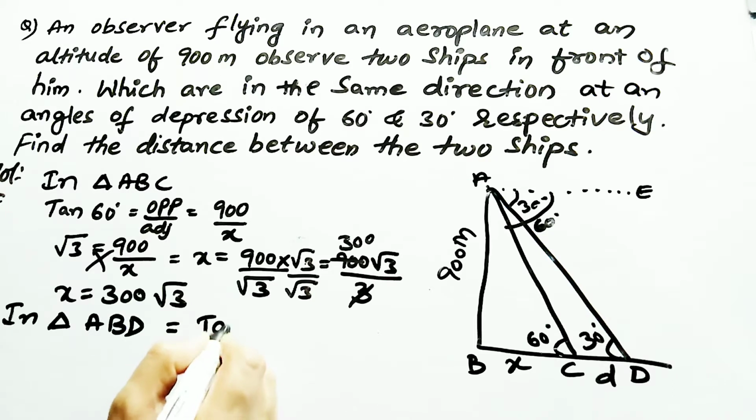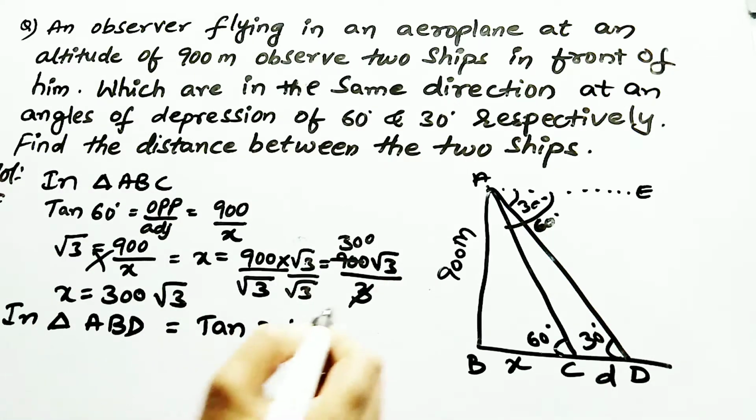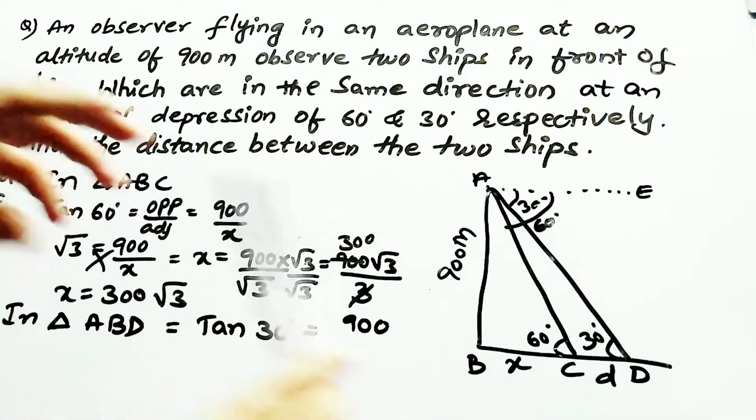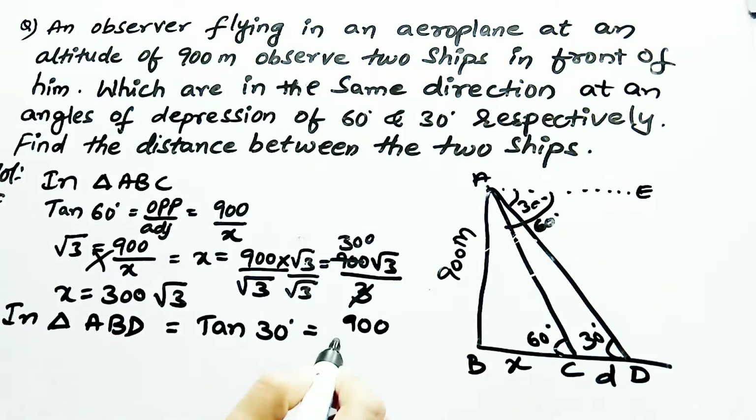Tan 30 degree. Tan 30 means opposite by adjacent. What is your opposite? 900. What is your adjacent? We are taking this one complete, means x plus d.